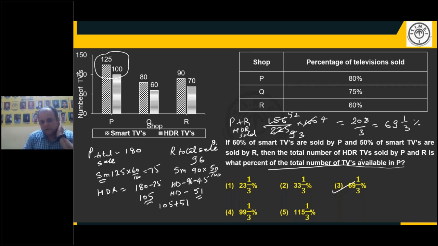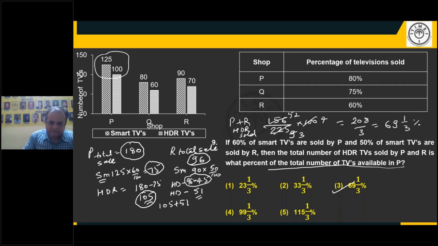See, the question was about HDR TVs total sold by P and R. So we know the total sales of P is 180, and smart TV sales of P is 75. So HDR sold by P would be 105. R's total sales is 96, and smart TV is 50% of 90, which is 45.